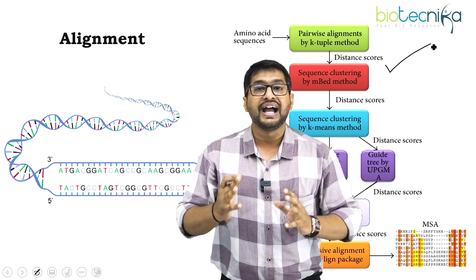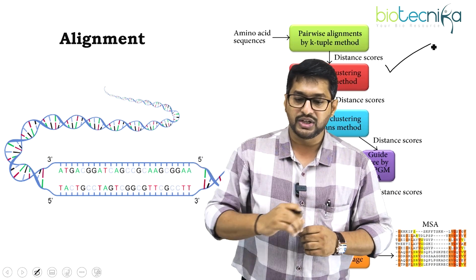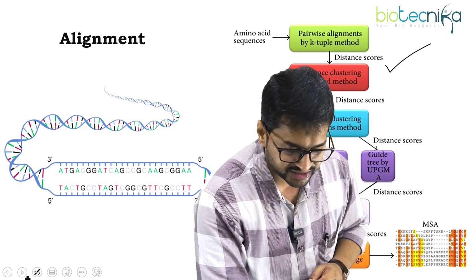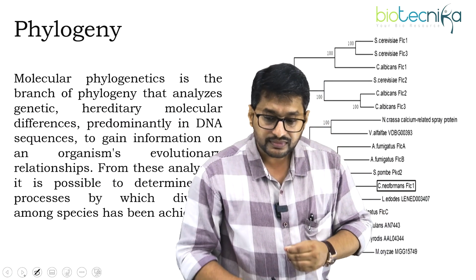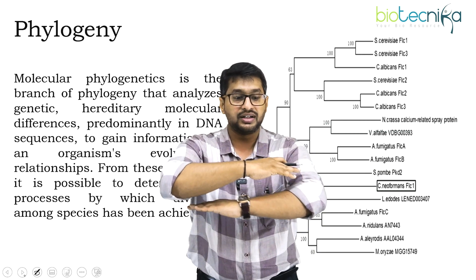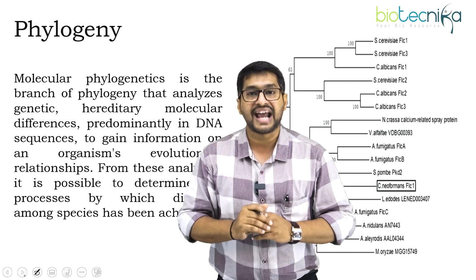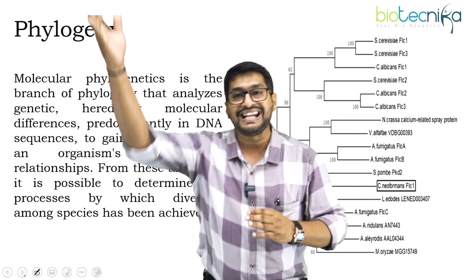Depending on this, I get a scoring matrix, a score value, and this is called the distance tree of results. Once I understand the scoring matrix, the next component is to understand the phylogenetic interaction, the phylogenetic trace value.